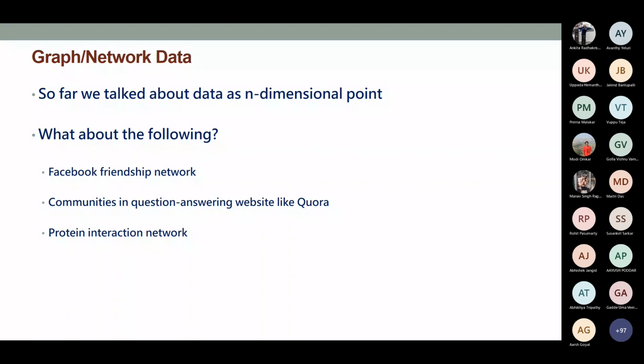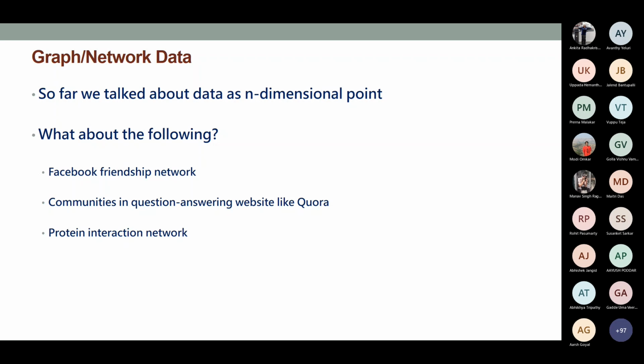For example, one community devoted to answering questions on machine learning, another on data analytics, algorithm design, and so on. Every community will have its own structure, and they are essentially defined by how they are interacting with each other.